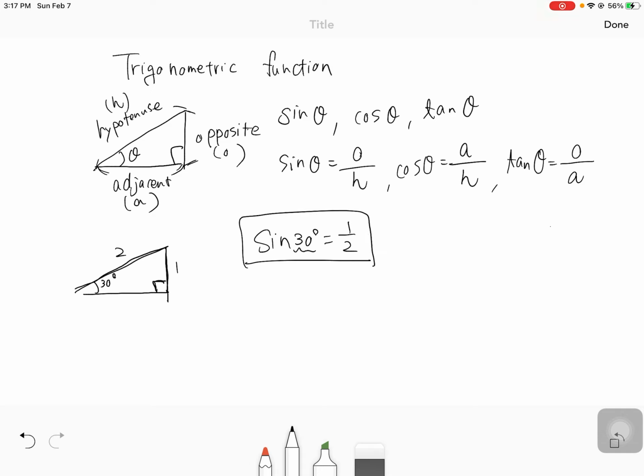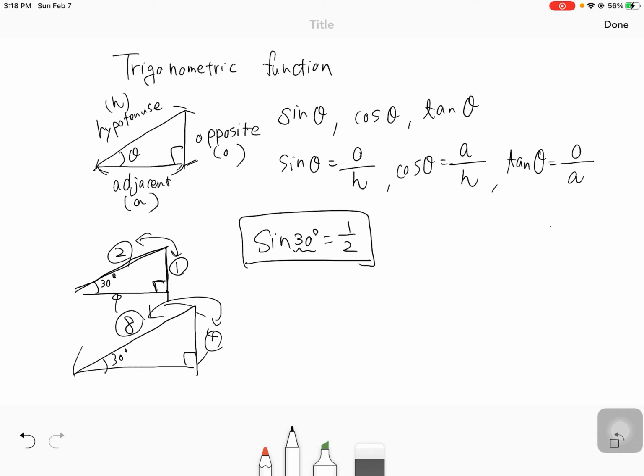Then we take advantage of that. For example, if there is a similar triangle which has the same angles as this triangle, 30 degrees and a right angle, and if the length here is 4, what is the length of the hypotenuse here? The answer is 8, because these are similar triangles, so the ratios would be the same.